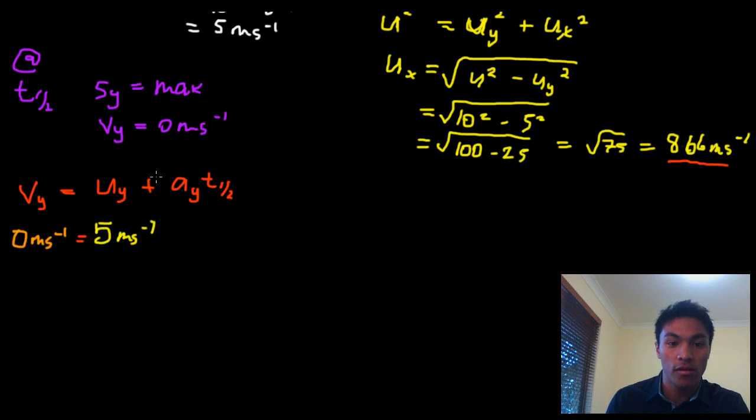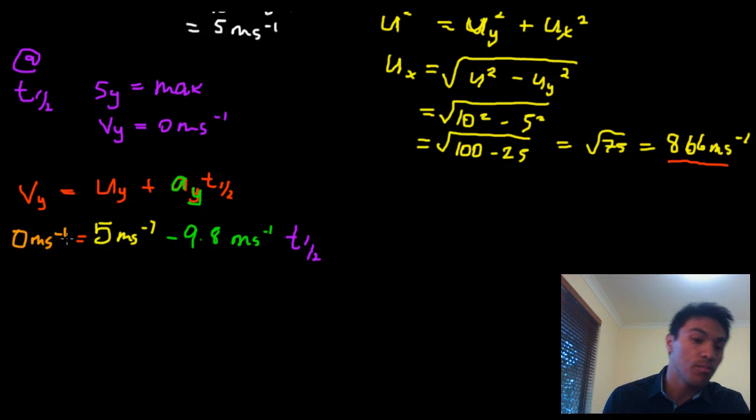Okay, and I'm already going to take away, because remember our acceleration, so that should have been green, our acceleration due to gravity in the y direction is 9.8 meters per second, right? And multiply that by the time at half.